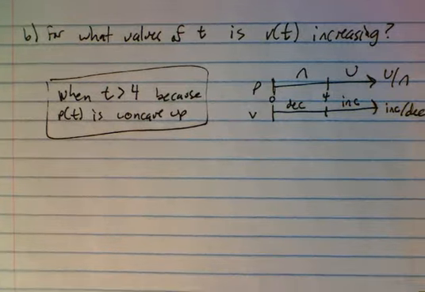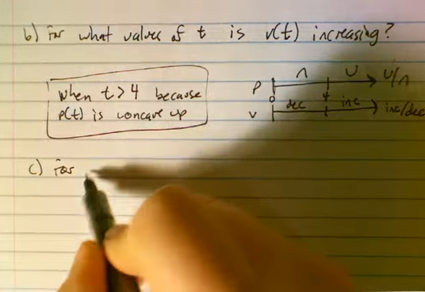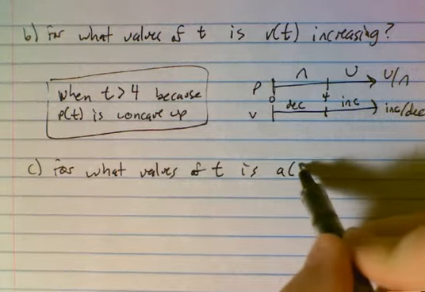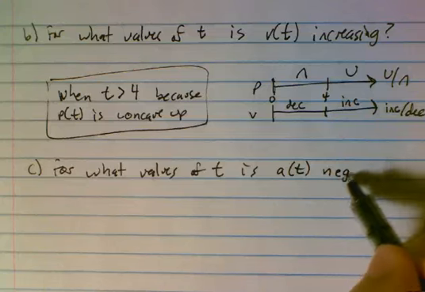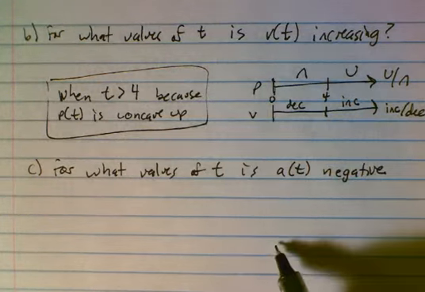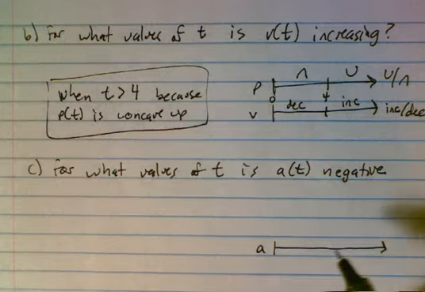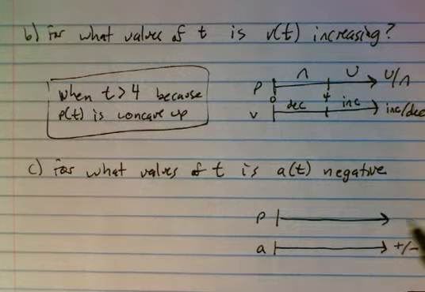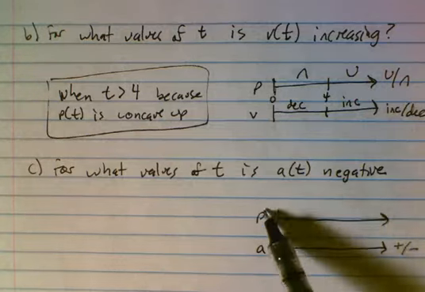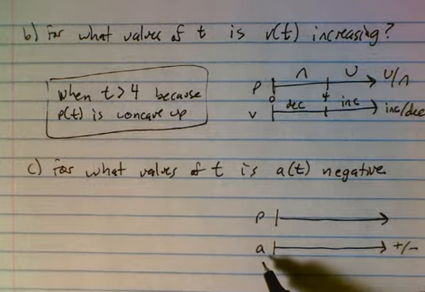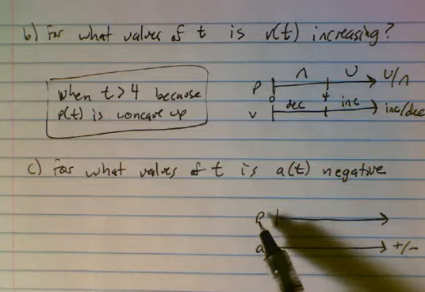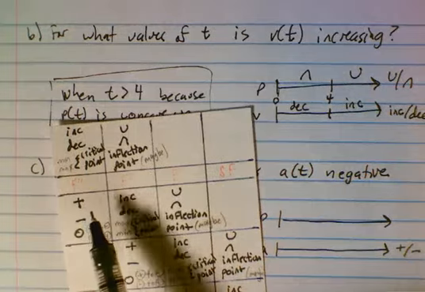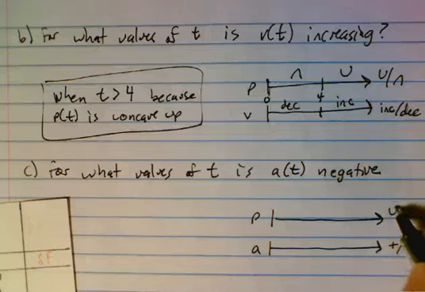And similarly, for what values of t is acceleration, a of t, let's say negative. So I want to know about a, positive and negative, but what I have is p, position. So the derivative of position is velocity, and the derivative again of that is acceleration. So if p is our original function, a is our second derivative, it's f double prime. So f double prime is positive, negative, when f is concave up, concave down.